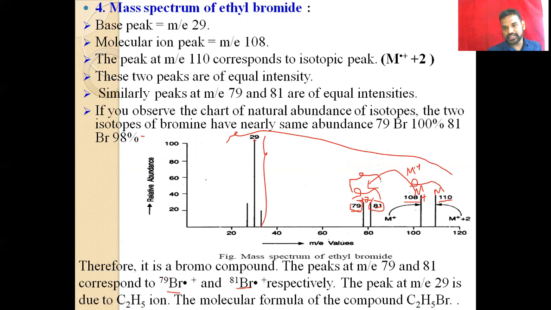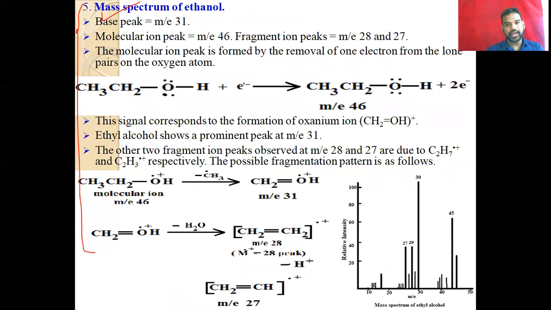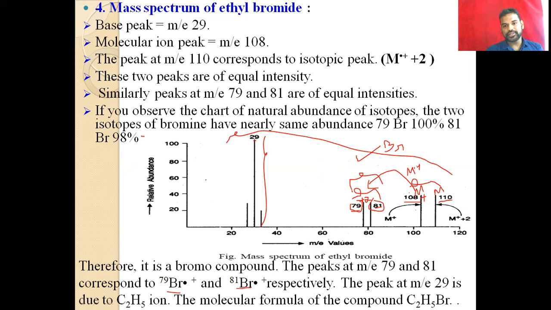If we see this type of peaks in a mass spectrum, we can easily say the compound contains bromine. The abundance of bromine 79 is about 50%, and bromine 81 is also about 50%, so they give equal length peaks. This is another explanation from their intensity, and from these two we can say bromine is present.